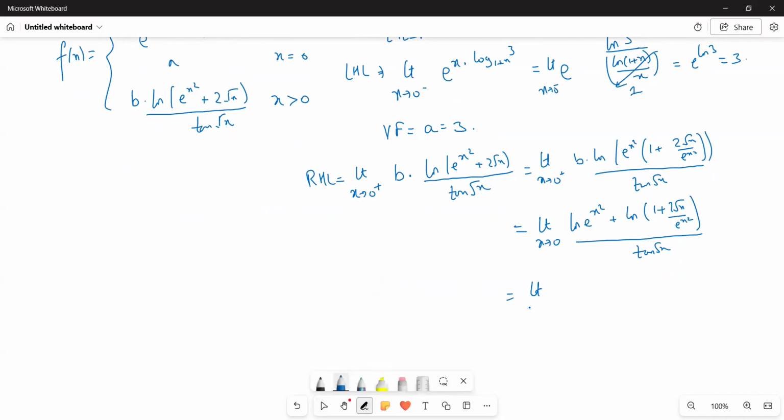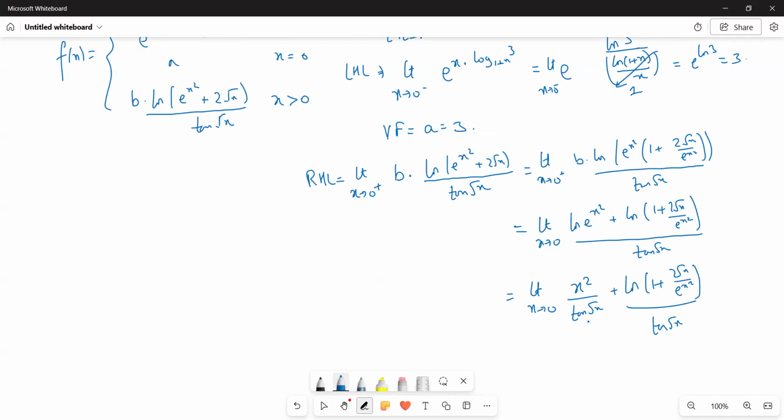अब इसमें ln of e to the power x square हो गया x square. So we'll get x square by tan root x plus ln of 1 plus 2 root x by e power x square by tan root x.